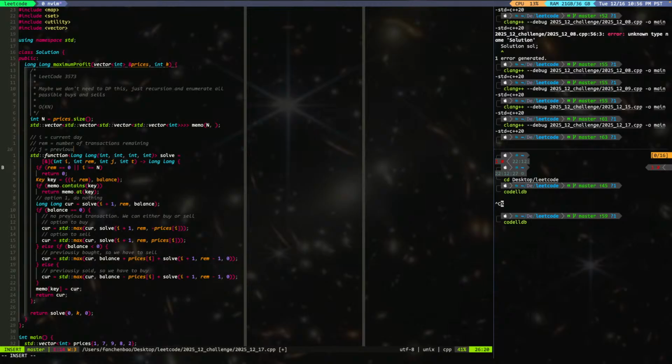So we just do 3 times. So how do we translate back, right? So J can be a value, and okay, so J equal to 0, that means no previous action.